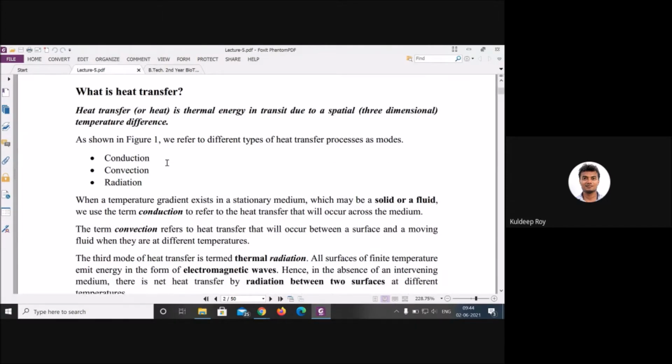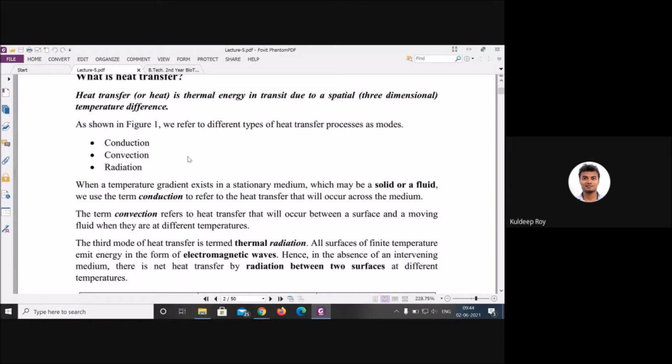If somebody asks what the difference is, there is a lot of difference. In conduction, you need some kind of contact. If one material strikes another material, then only conduction will occur, like a liquid or a solid which is not flowing.